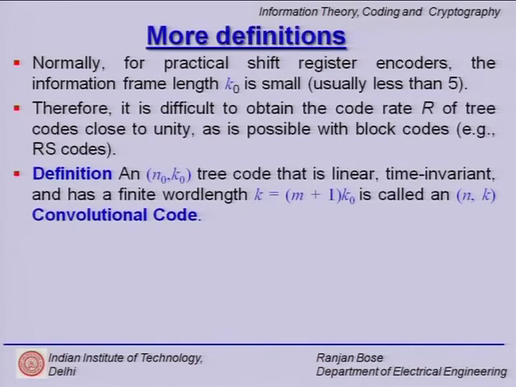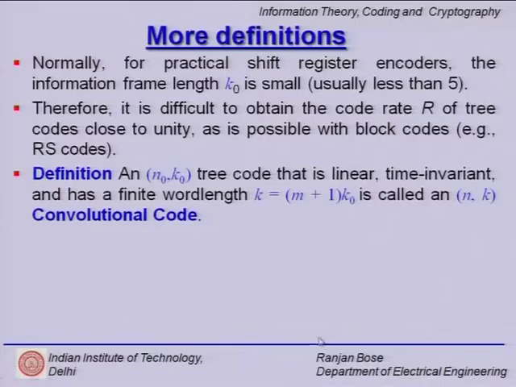So, let us now understand what we mean by a convolutional code, which is actually used in real world application. An n naught, k naught tree code that is linear and time invariant and has a finite word length k given by this is called an n, k convolutional code.